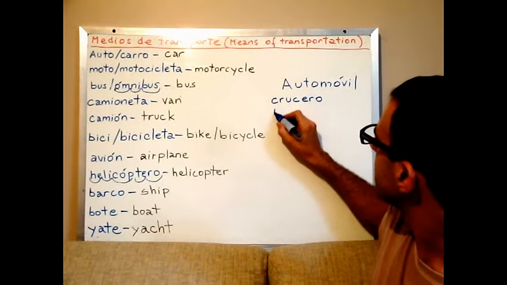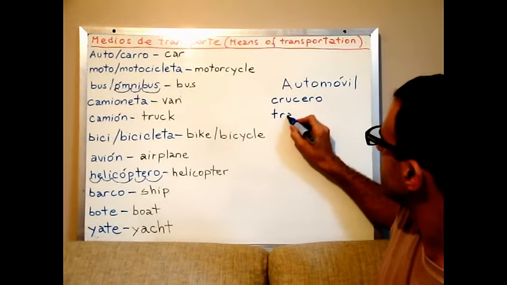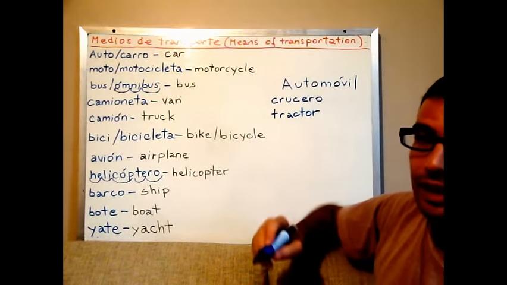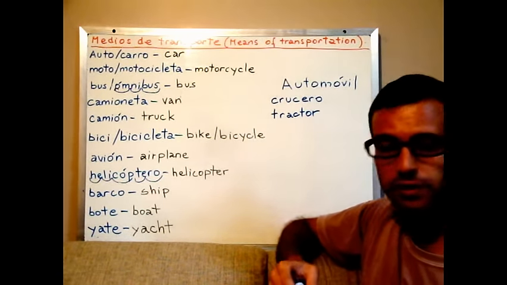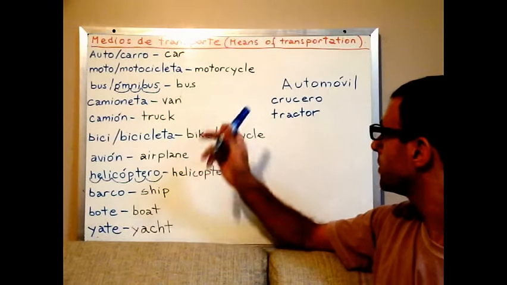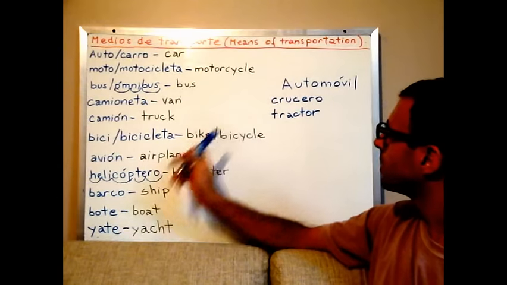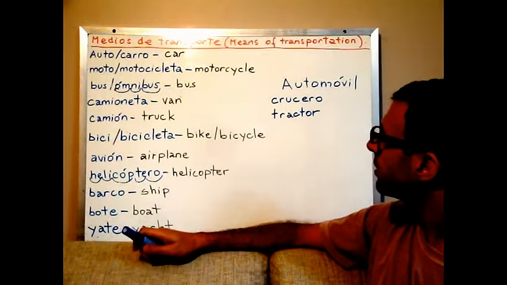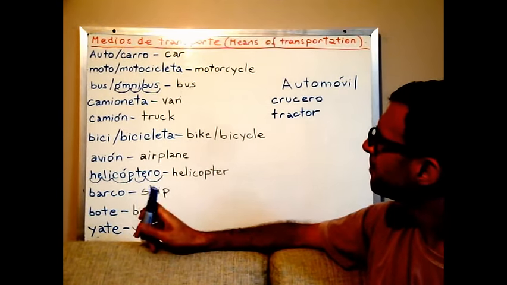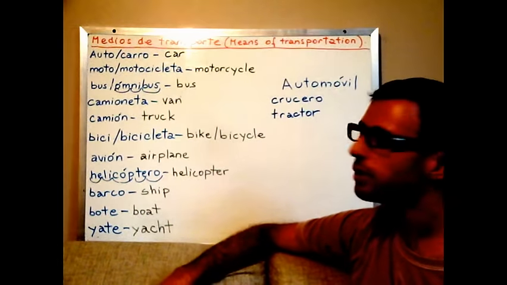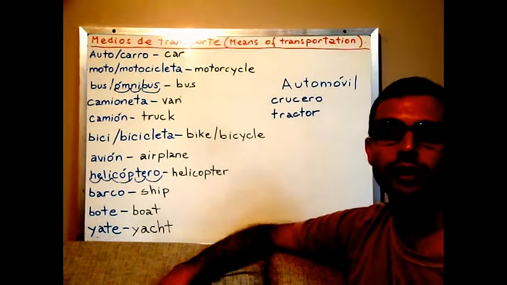We have tractor, which is a tractor. Actually, this is not a means of transportation, but a working tool, but still, it's a vehicle, so I included it there. I guess these are the most common words for means of transportation.